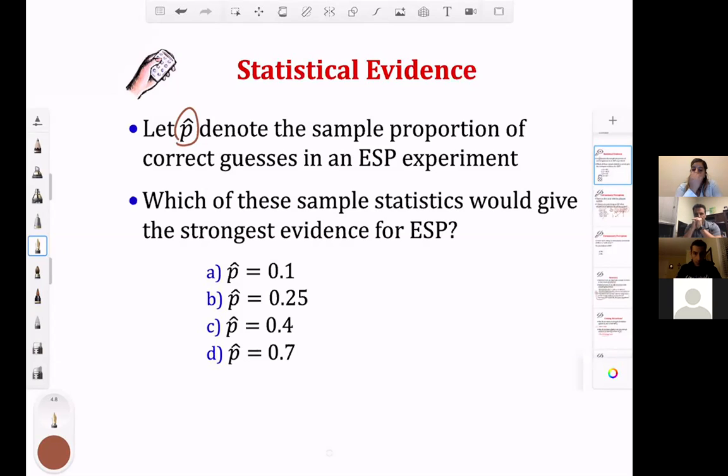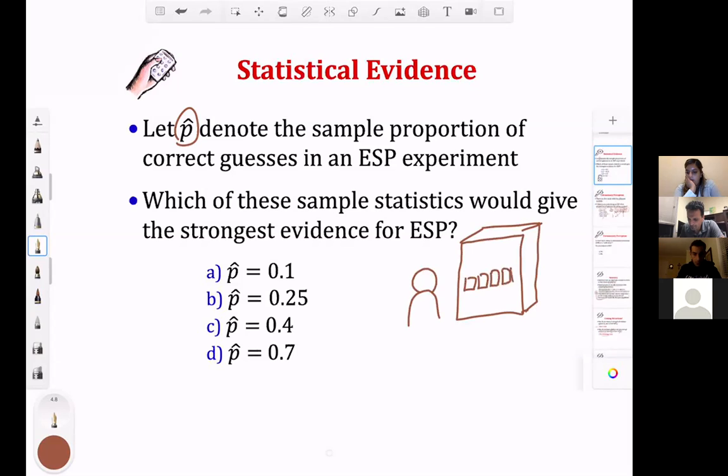So, the sample proportion of correct guesses. So we have like a wall here, somebody here, pick a card, pick your favorite, Alex.